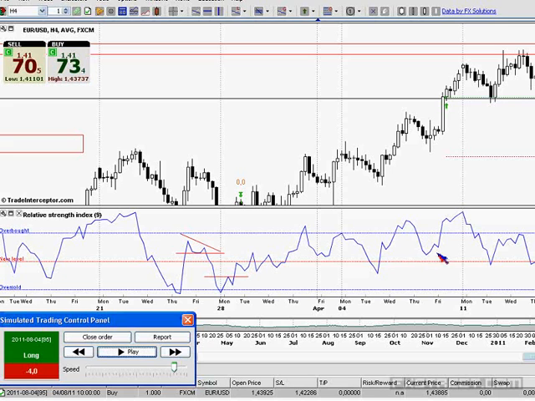For instance, here we could eventually take this one as a swing failure. Okay, but this is a preference. As far as I know, there is no rule to it. There may be guidelines, but not a strict rule.